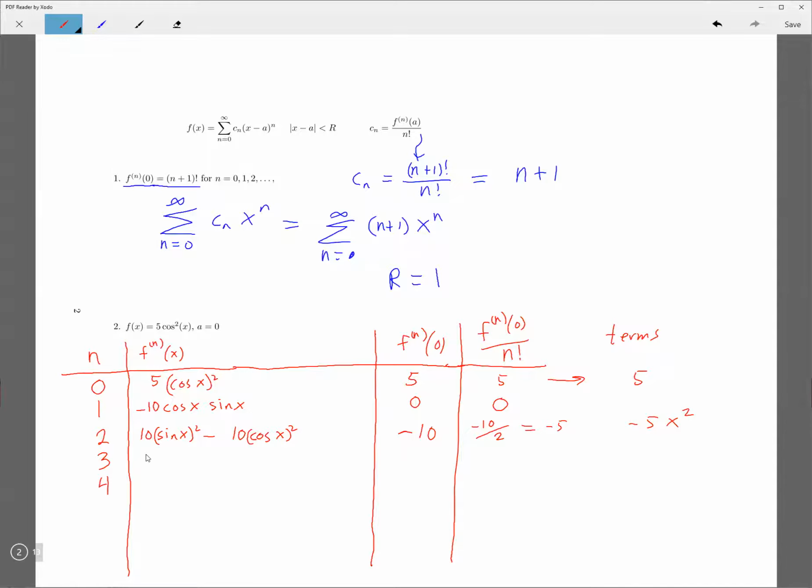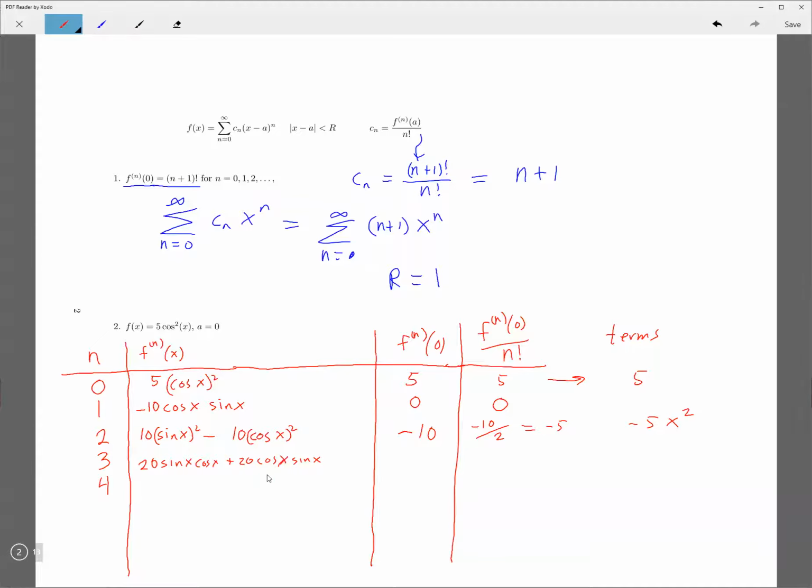Now the next one, the third one, you take the derivative of this. That's going to be 20 sine x cosine x. And then the derivative of this is going to be, I got a 2 come down, so that's 20. Well, that's interesting.